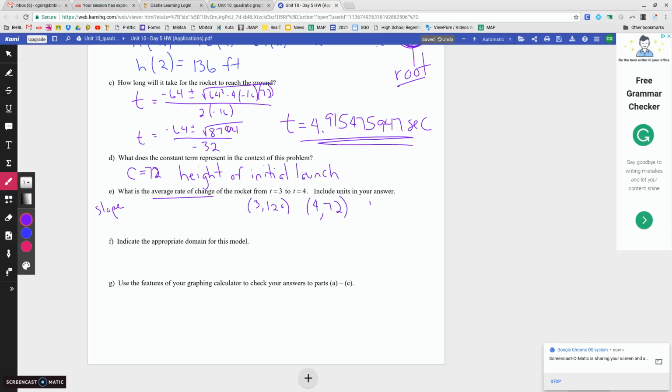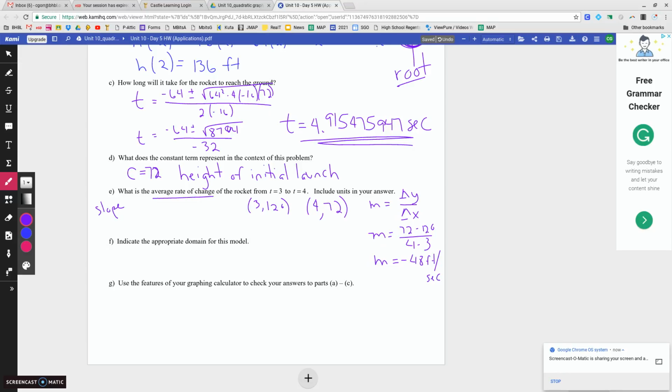So I'm going to use the slope formula, delta y over delta x. I've got 72 minus 120 over 4 minus 3. My rate of change is negative 48 feet per second.